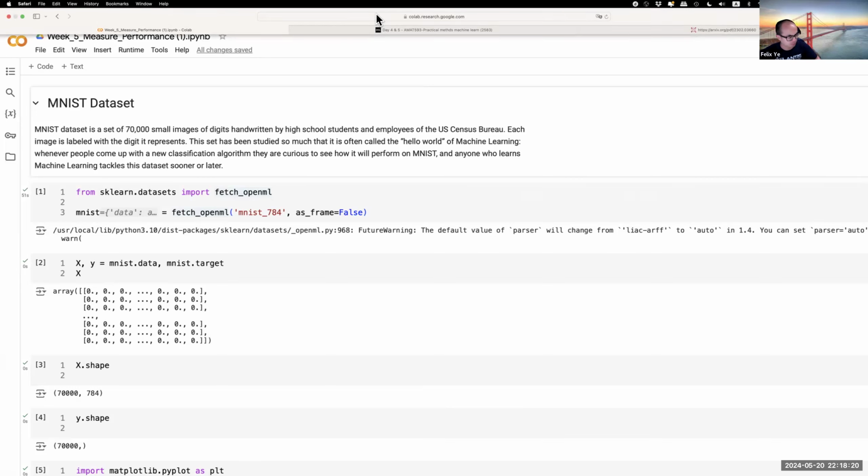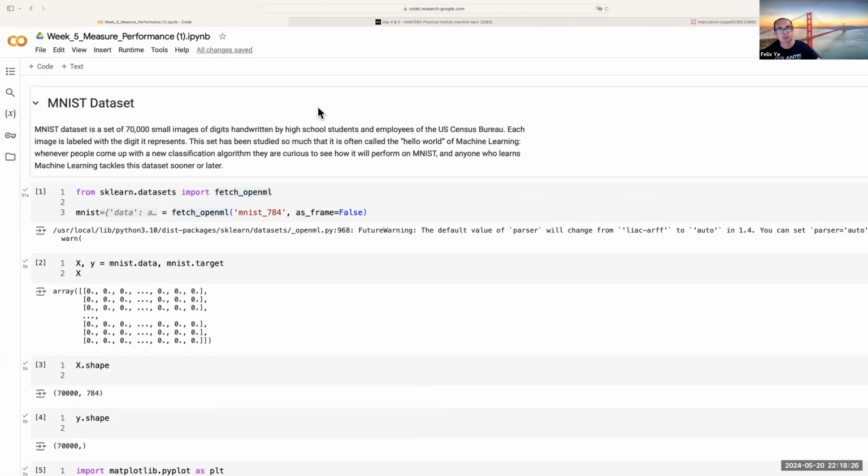In this video, I'm going to use one very classic example, the MNIST data set, to illustrate these ideas of the different performances of these machine learning models.